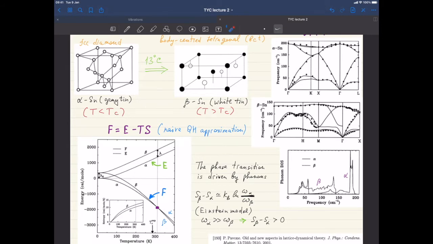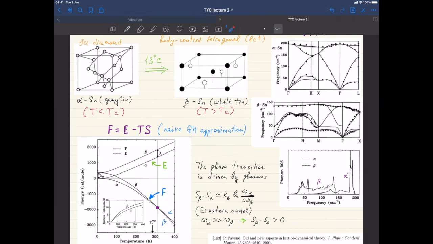And the phase transition happens here at a temperature around 300 K. This is called TC. So it's 13 Celsius, to be exact. And they explained the phase transition exclusively by the change of the vibrational structure of this system.